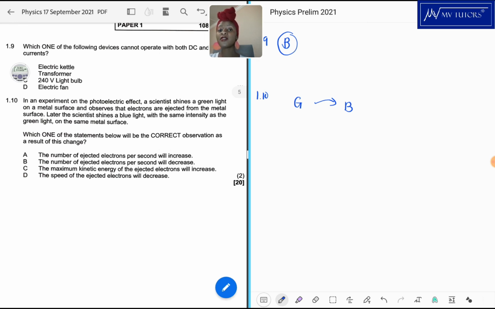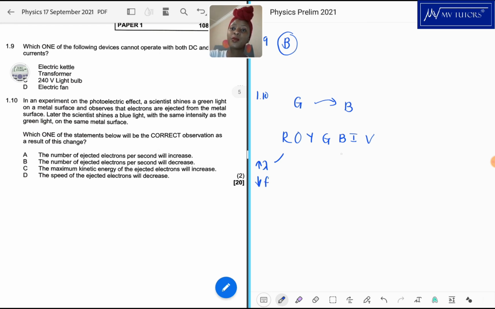Okay, so you went from green to blue. Remember ROYGBIV? Red, orange, yellow, green, blue, indigo, violet. Red has the highest wavelength but the lowest frequency.